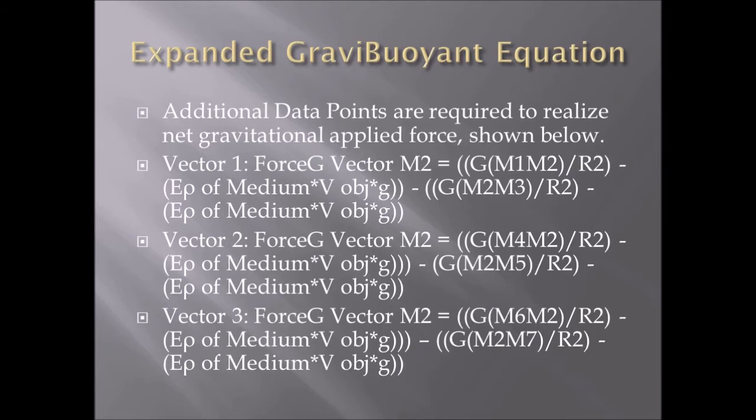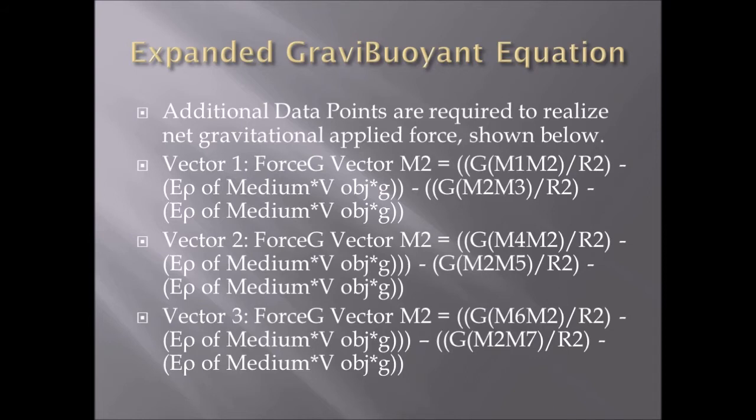The way to calculate this is to look at the gravitational equation between M1, M2, and M3, and then you do it for M4, M2, M5, and then also M6, M2, M7.